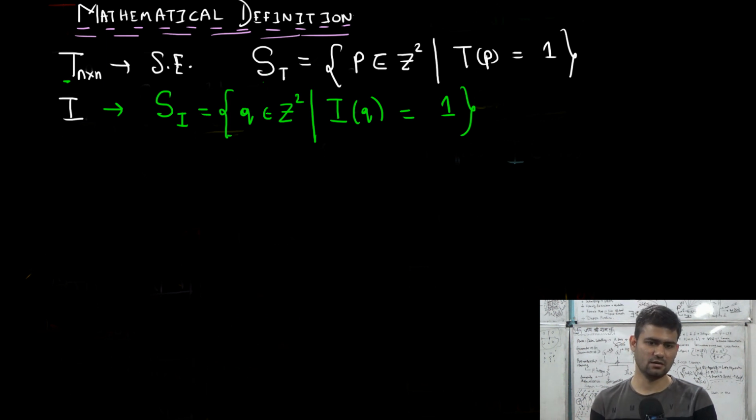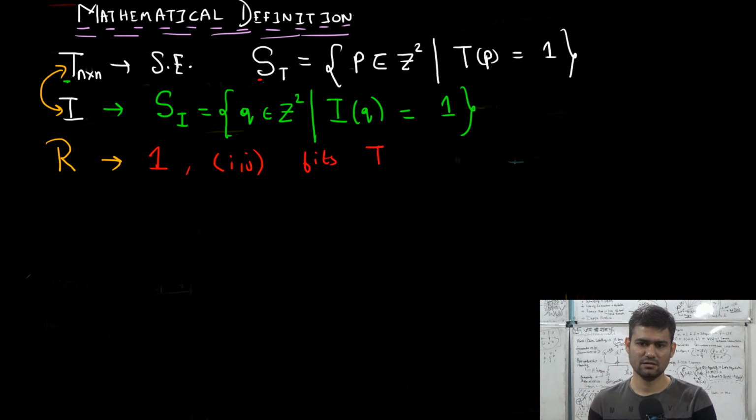So we know that the erosion of this image with this operator is going to produce a binary image R as an output, which has 1 at all locations i, j, such that the structuring element fits image I at i, j.